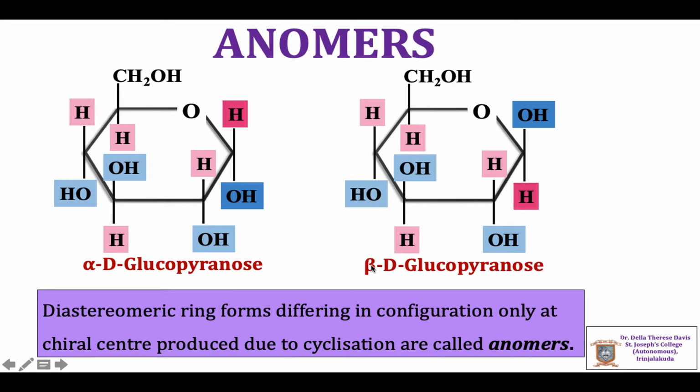And in beta D-glucopyranose, the position of the groups are reversed. Thus, alpha D-glucopyranose and beta D-glucopyranose are diastereomeric ring forms, in which the configuration is different only at the new chiral center produced due to cyclization, and hence they are anomers.